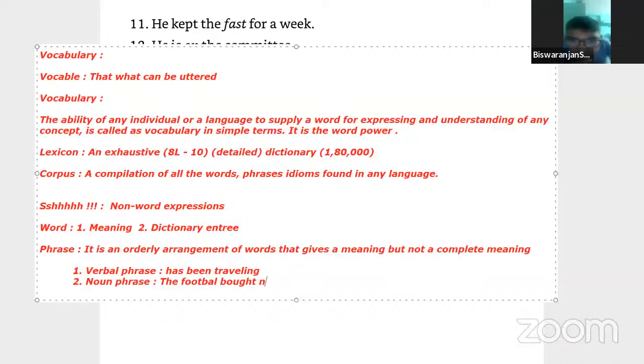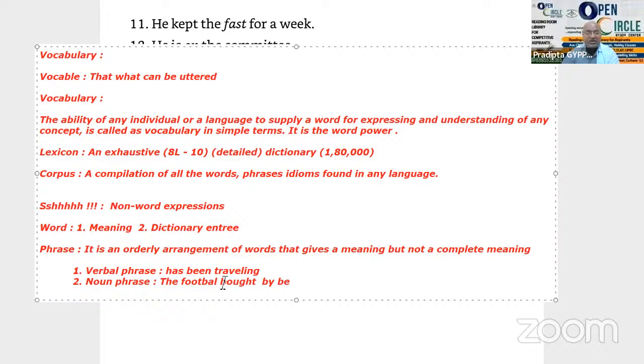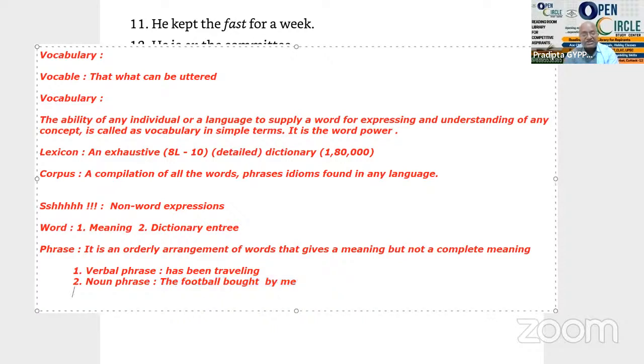There is a typing mistake in the spelling of bought. So here, again, you are making 5 words and they represent a noun. Sometimes it could be an adjective phrase. Adjective phrase, what is adjective?